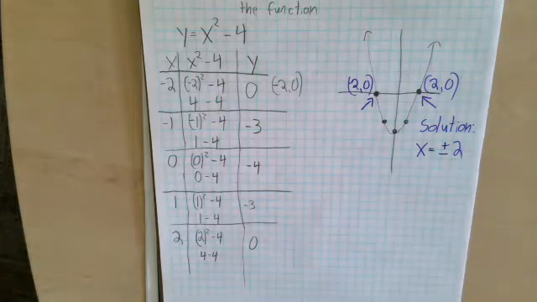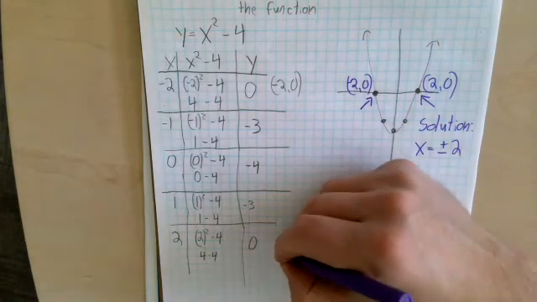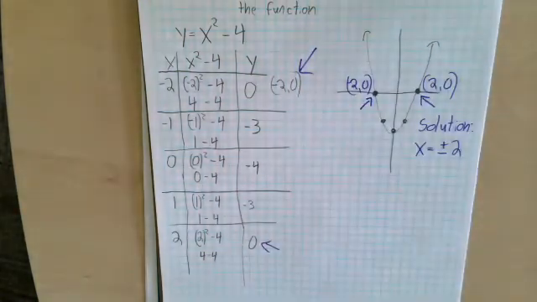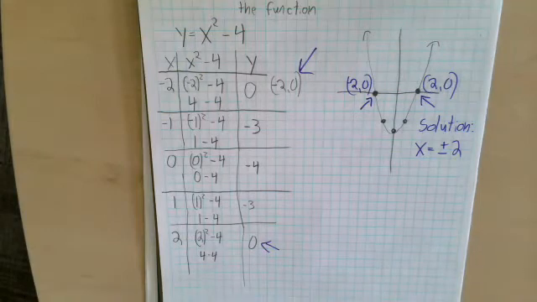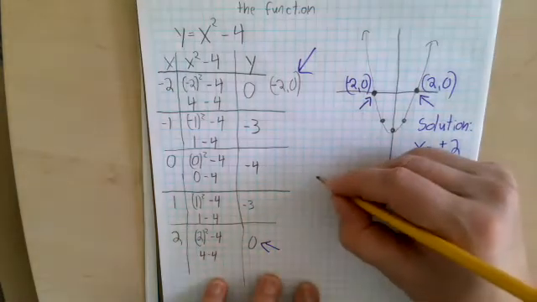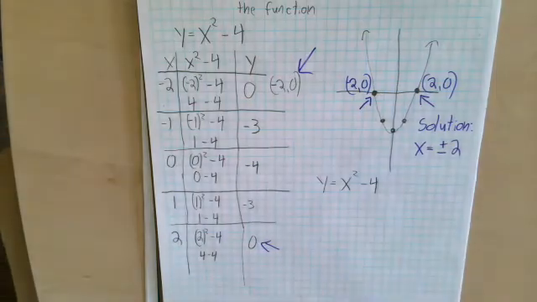And if we look at our table, our x-intercepts are where y is going to be 0. So we could look at a table and determine that these are our solutions as well, positive and negative 2, because that's where y equals 0. Now, the reason this works: remember we started with y equals x squared minus 4.